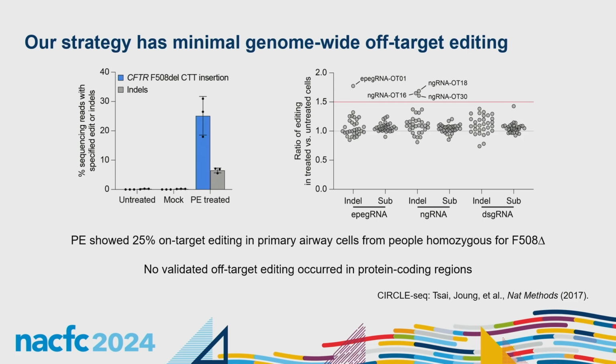Out of 32 sites that we tested for all 3 guide RNAs, we only found a handful that seemed to edit slightly above untreated controls, and all of these were within intragenic regions or regions of unknown functional consequence.